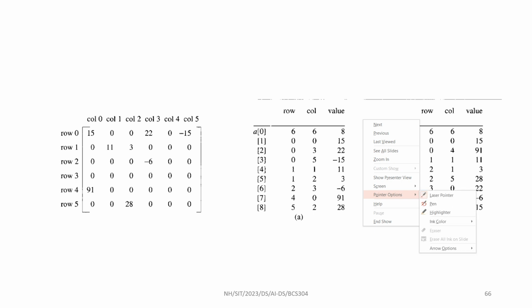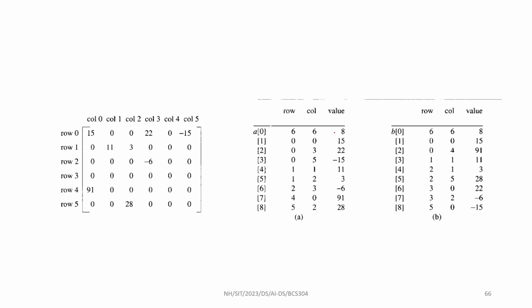I can show you one or two. Take this entry: the row number is 1, the column number is 2, the value is 3. This will be placed in row number 2 and column number 1. That means row and column are exchanged.